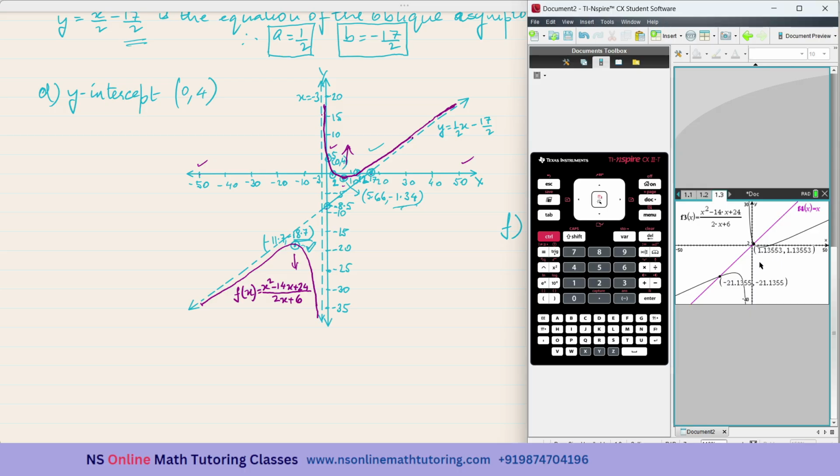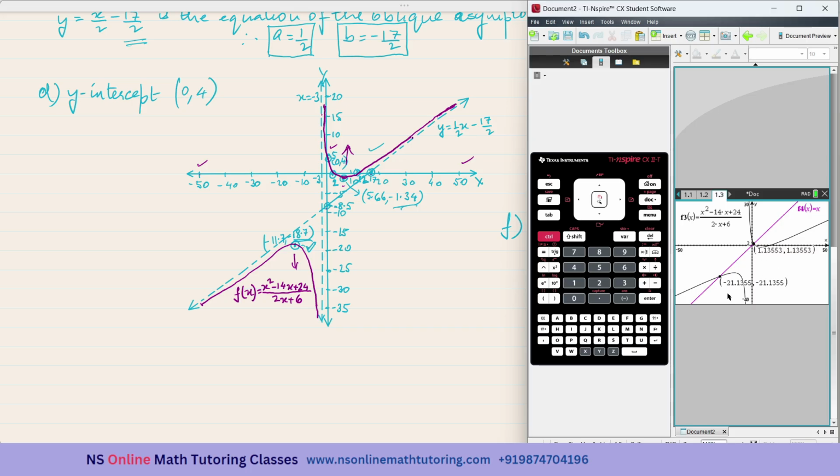Should we have another constraint? x should be greater than something. Yes, of course, because there is the vertical asymptote x equals negative 3. So x should be greater than negative 3 but less than 1.13553. Okay, so that will be the answer.